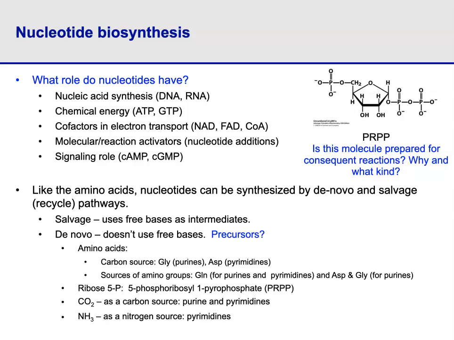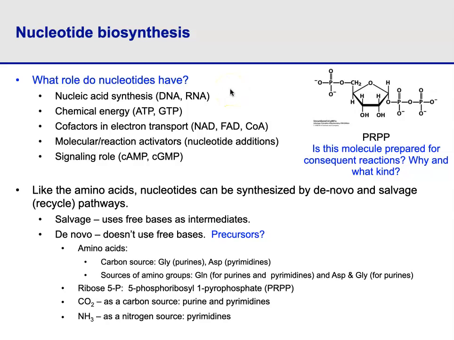I will begin with biosynthesis of purines and pyrimidines, and then I will finish with degradation of purines and pyrimidines, and also how nucleotide biosynthesis represents a great target for development of various medicines.